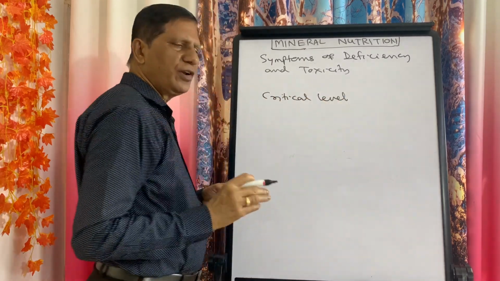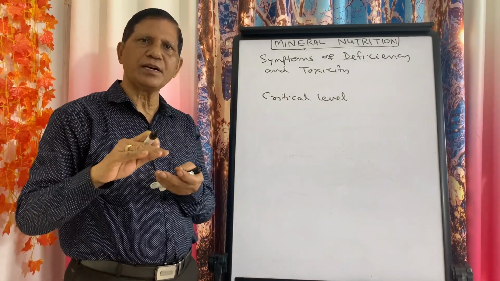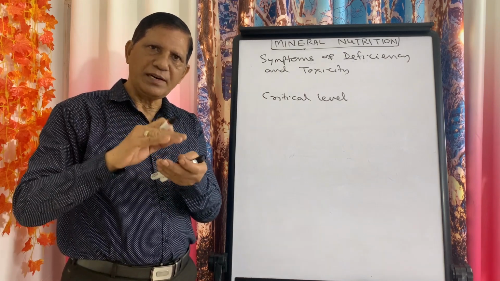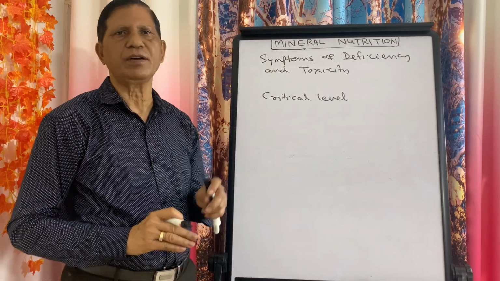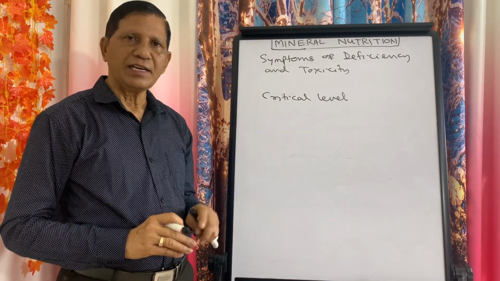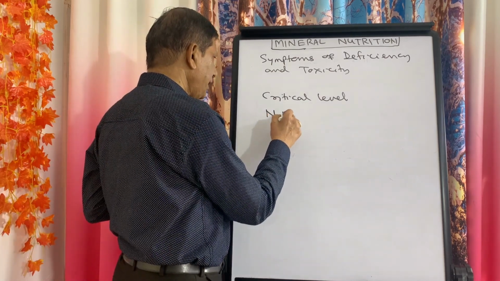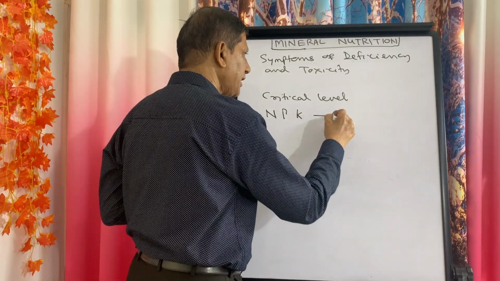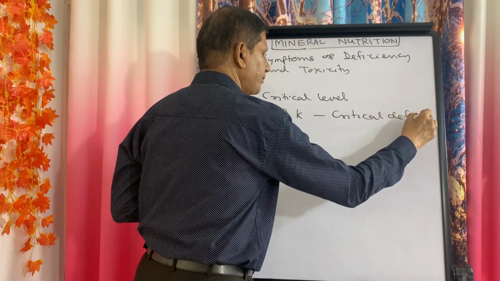That means for each element, there is a particular concentration. If the element is less than that concentration, then we will get deficiency symptoms. If the deficiency is for NPK, nitrogen, phosphorus and potassium, we call it critical deficiency.